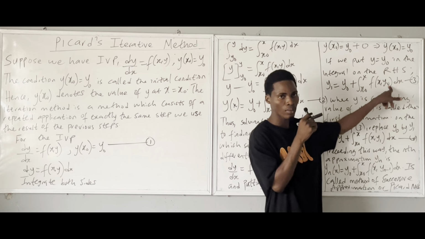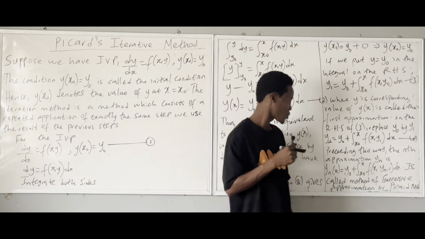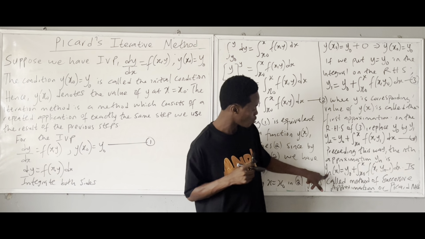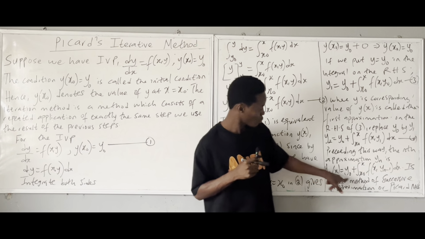So we now arrive that if you keep doing this, the nth approximation yn of x is equal to y naught plus the integral from s naught to x of f of s, yn minus 1 ds. So if our n is 2 here, we are going to have y2, and with y2 minus 1 we are going to have y1, which gives equation 4.